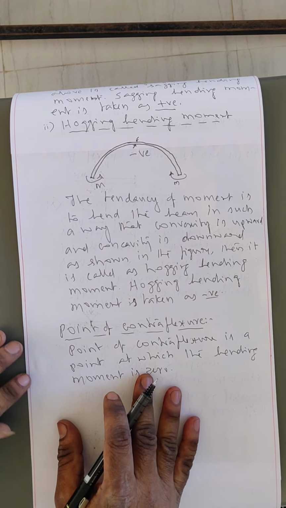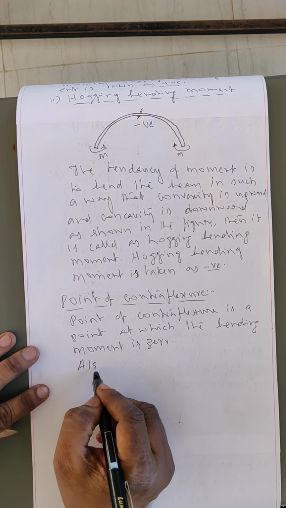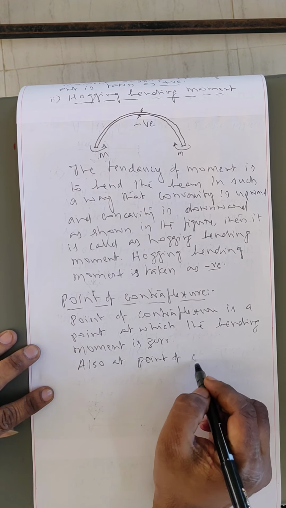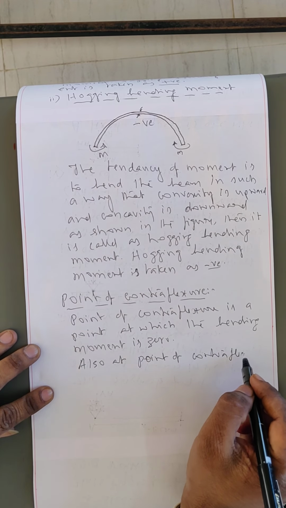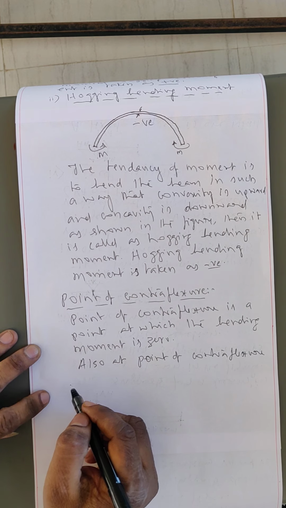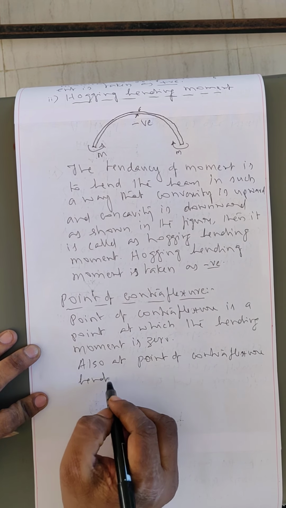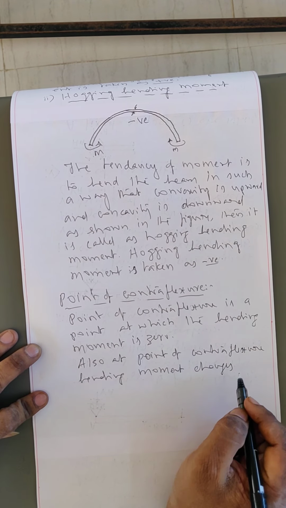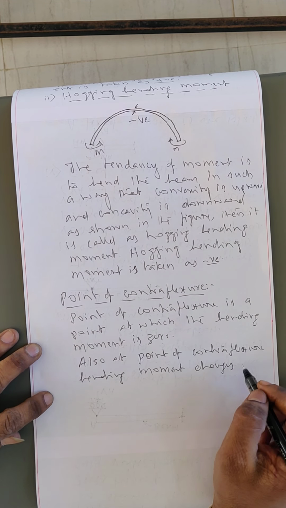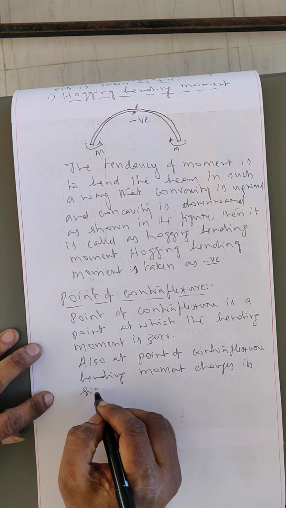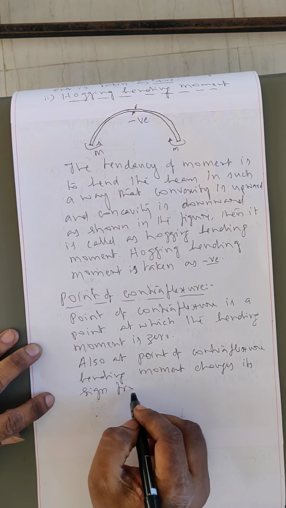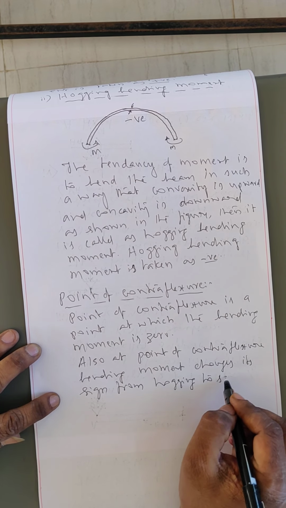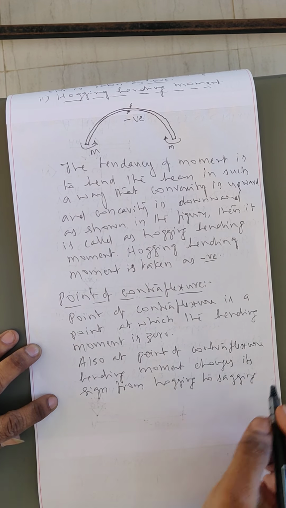Also, at the point of contraflexure, the bending moment changes its sign from hogging to sagging, and vice versa.